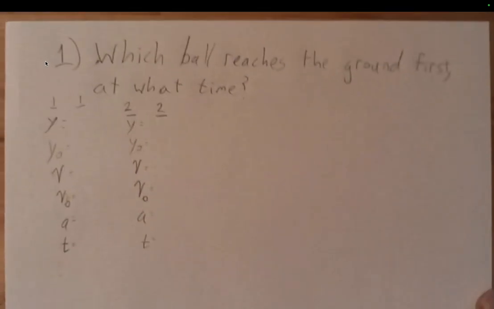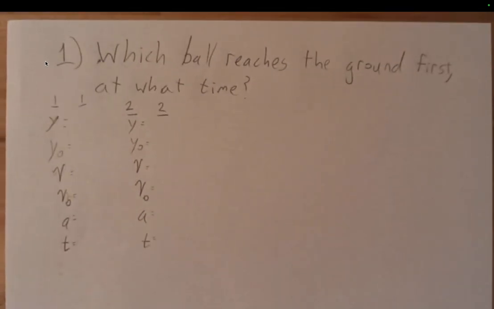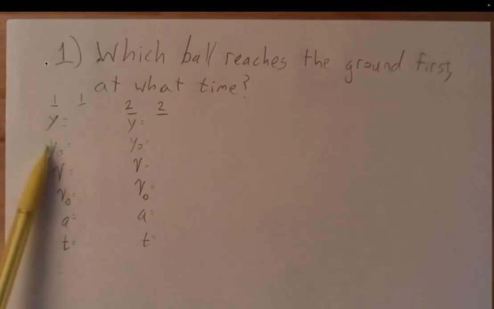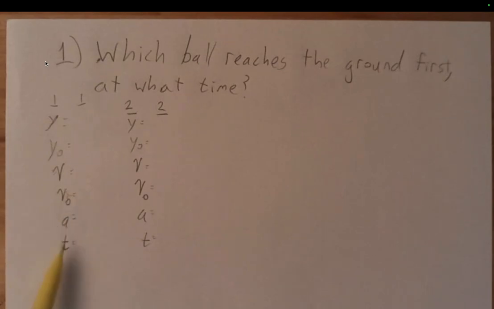So as we look to this first question that we're being asked here, which ball reaches the ground first and at what time? By having this type of question, I set up my variables, my y, y naught, v, v naught, a, and t. I could have done it in terms of x, using x and x naught, and this v in the y could be this v in the x.